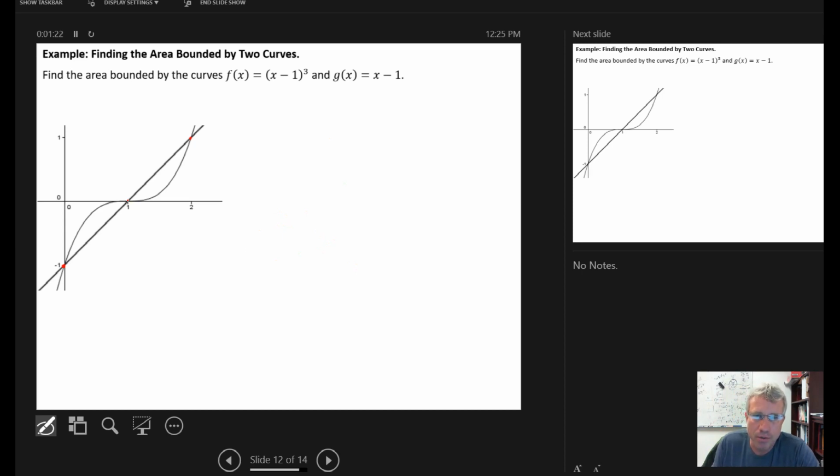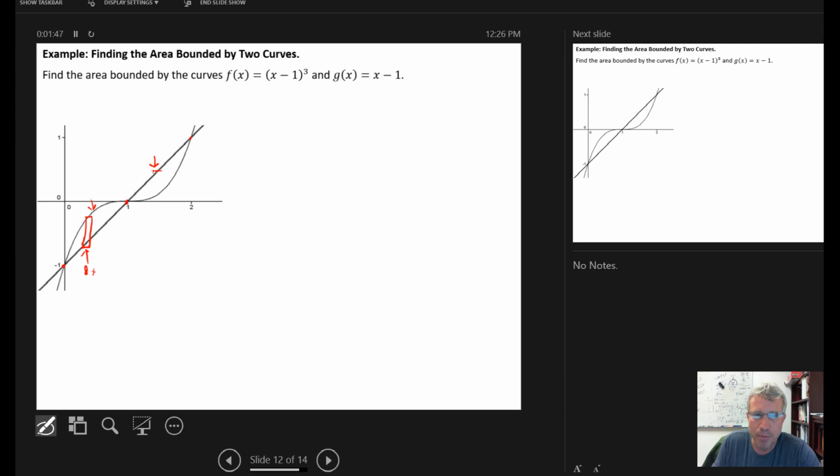So I've got three intersections. That's the first thing I want to notice. The second thing I want to notice is that if I did representative rectangles that are vertical, I'd have dx slices, and here the cubing function is the function above, and then when we get past this intersection, the linear function is the function above.